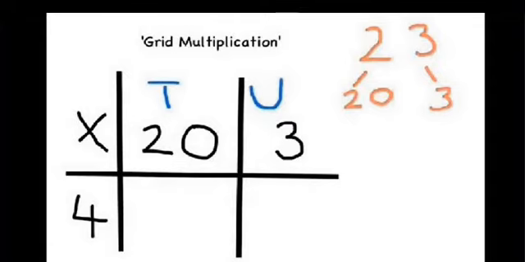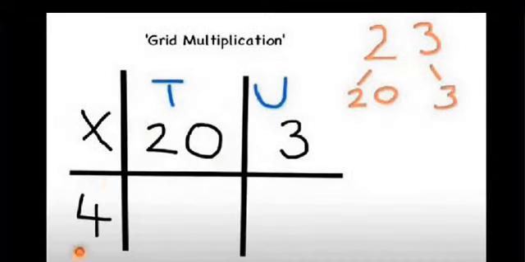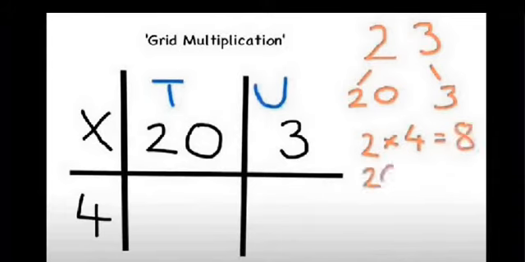So in this box, we do 20 times 4. We can use our timetable now to help us with this. If 2 times 4 equals, yes children, 8, then 20 times 4 will be equal to what, children?